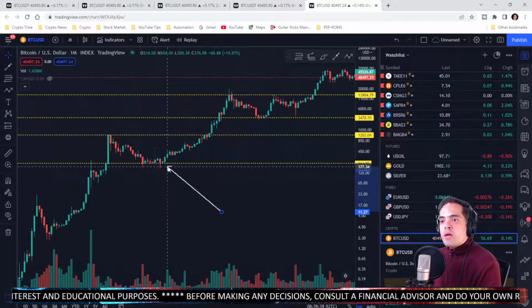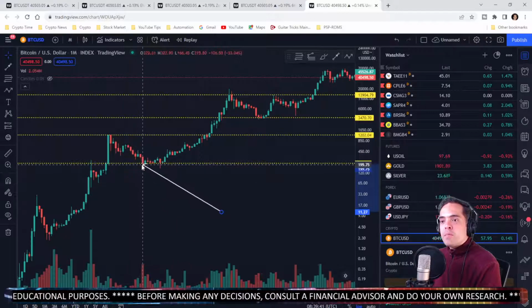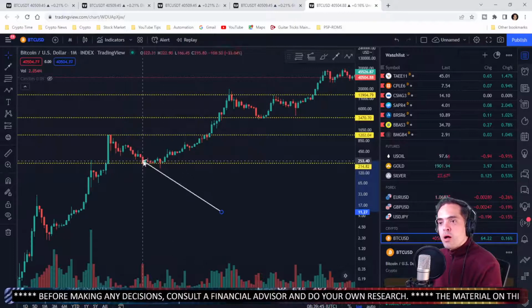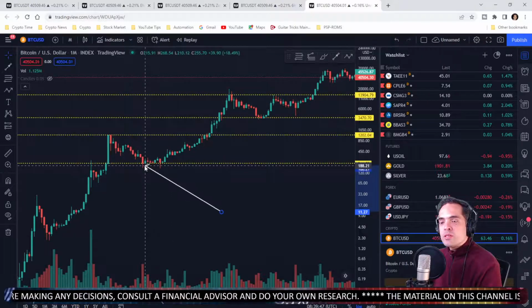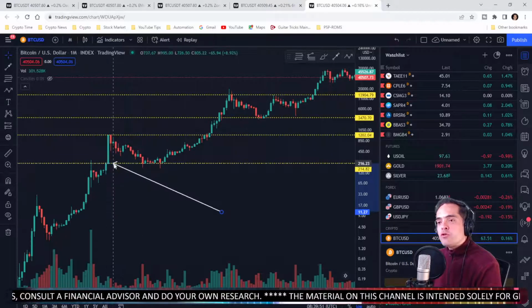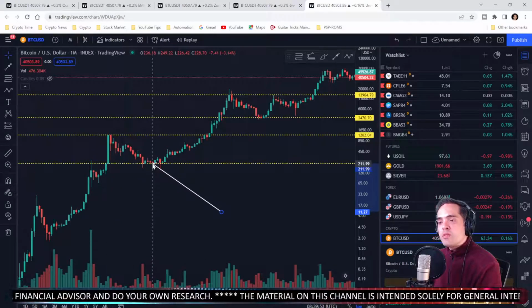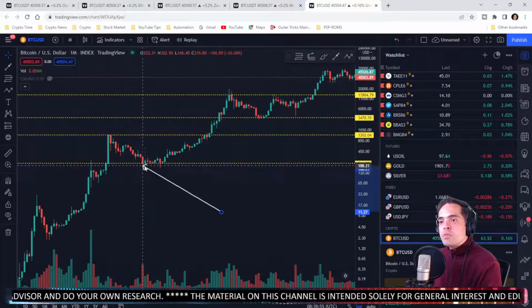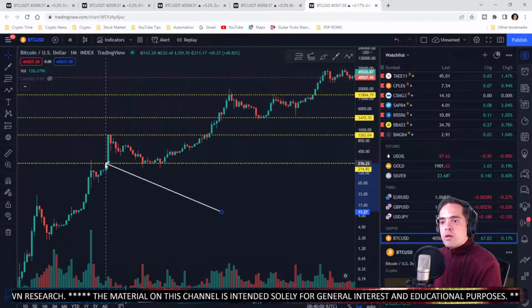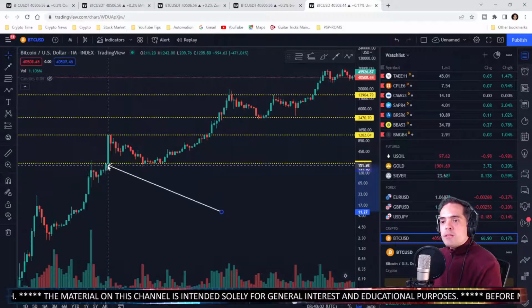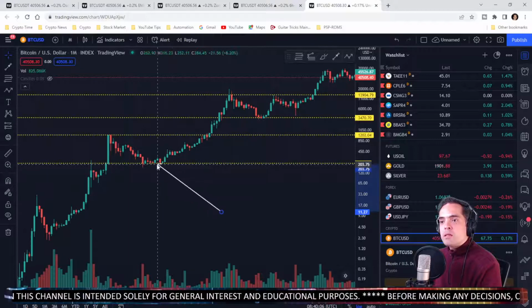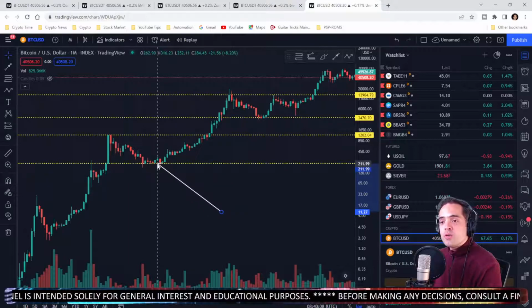So here we have another concept. To be able to draw support and resistance, we have to try to draw those lines catching as many of those candles as we can, because the more candles touching those lines, the stronger the support or resistance.